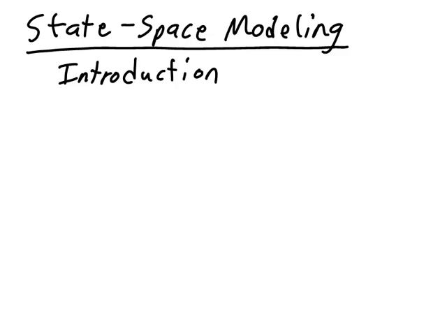So to start out with, I'm going to lay out why we would use state space modeling and in what cases it'll be useful for us. If we think back to what we've learned in this class so far, you know that we start out when modeling a system by coming up with the differential equations that represent that system.